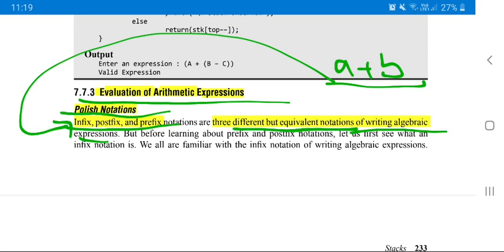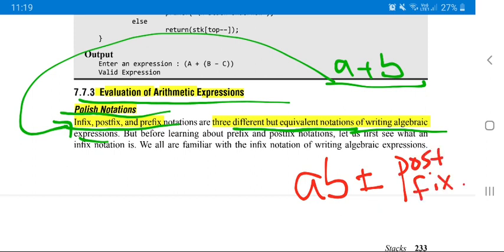If you write a plus b, the operands are a and b and the operator is addition. If you write the operator after the operands, that is postfix.